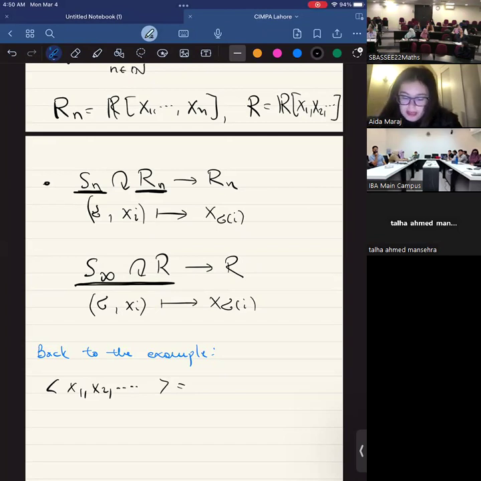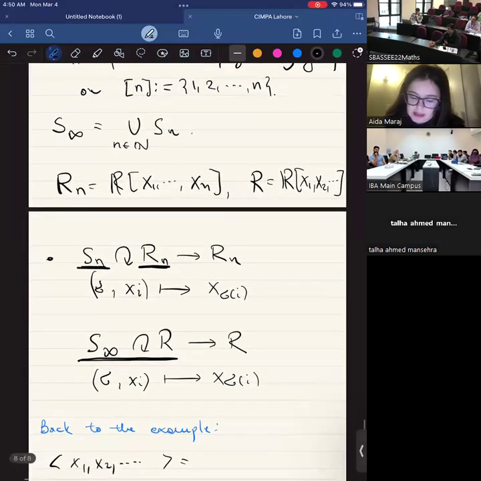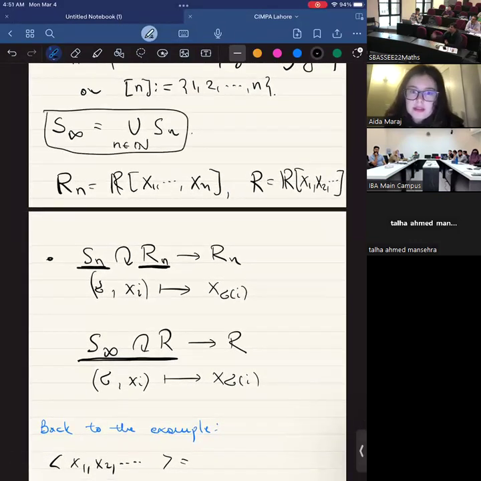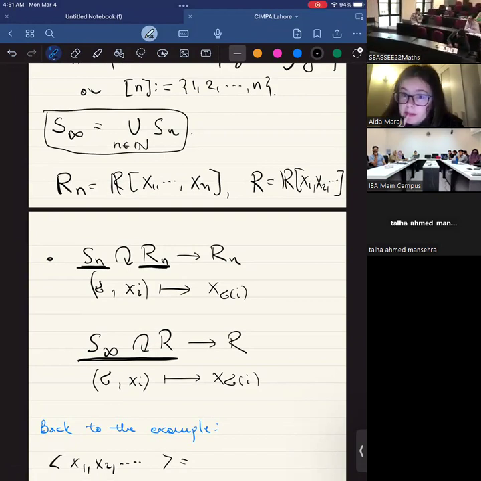So if you have Sn like S3, so that was your question, you may have S3 here and R2 here. I think you need to include that in the union part in order to define S infinity. Probably S infinity is creating the confusion. But when sigma is in S2, this is, for example, a permutation on two variables.